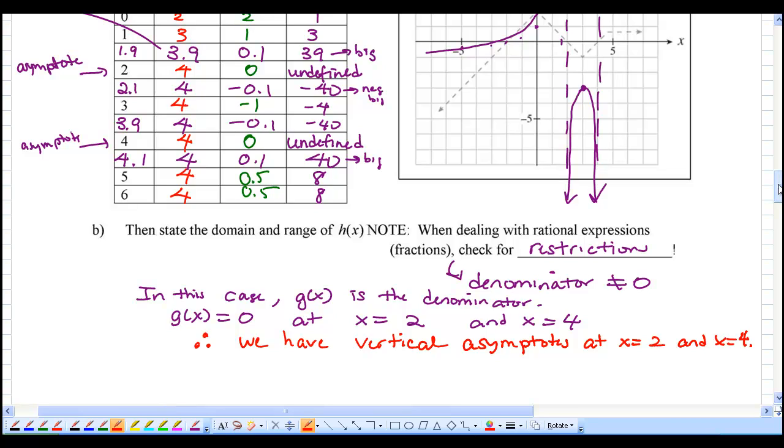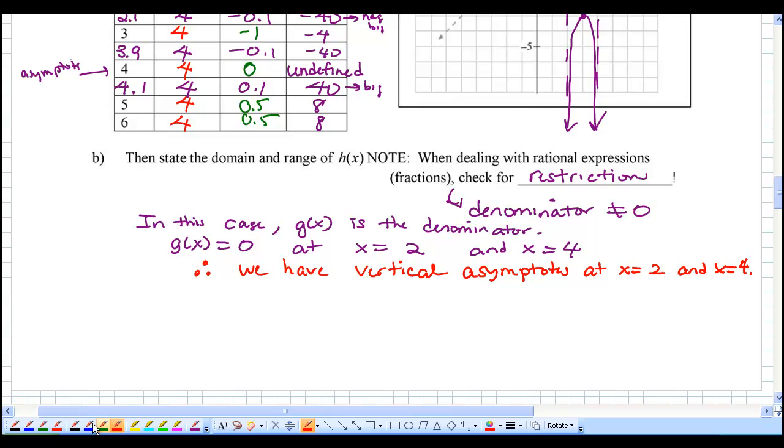So if you're curious about the domain, for the domain we're going to have this. The domain is that you can say x can't be equal to 2 or 4, but it's everything else.